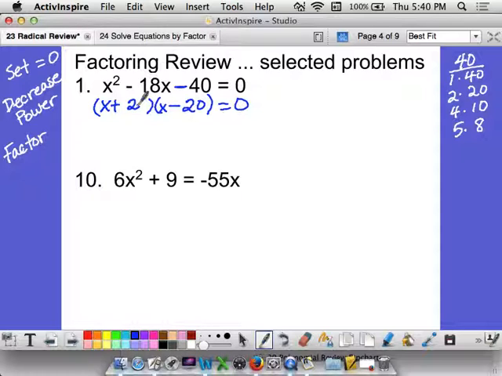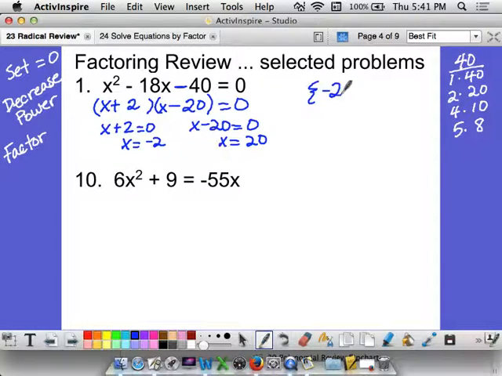Then you finish by setting both of those equal to 0 and solving for x. So we're going to say x plus 2 is equal to 0 and x minus 20 is equal to 0. Subtract 2 from both sides and x equals negative 2. Add 20 to both sides and x equals 20. So your answer that you would write in a blank on a test would be negative 2, 20.